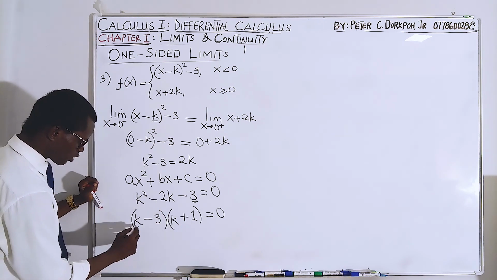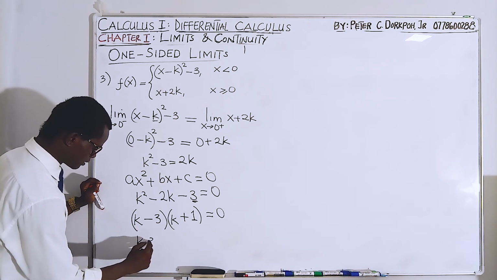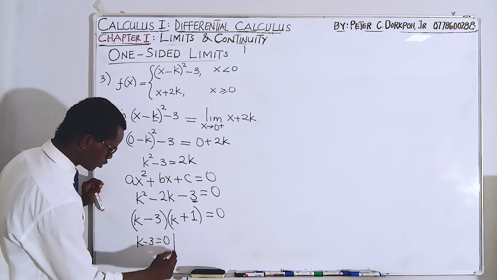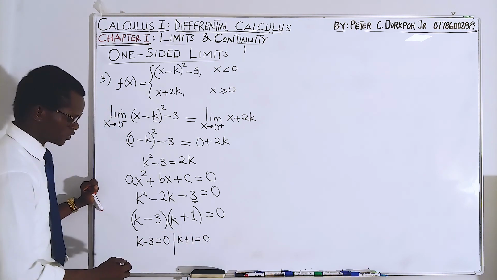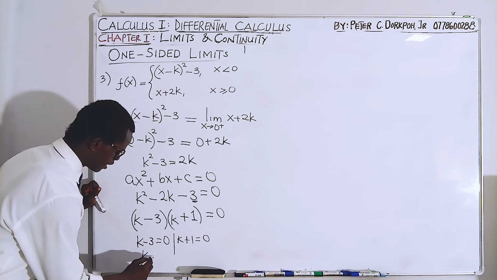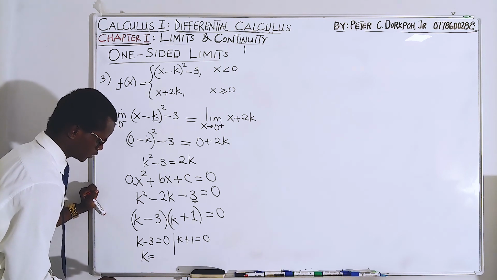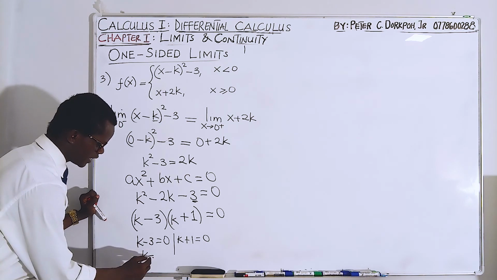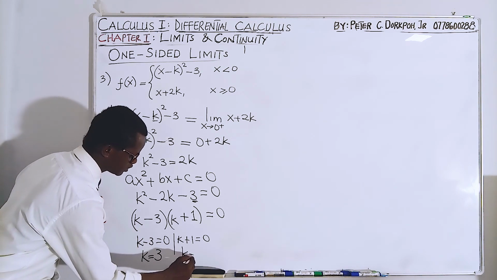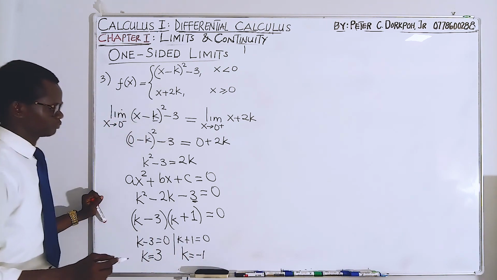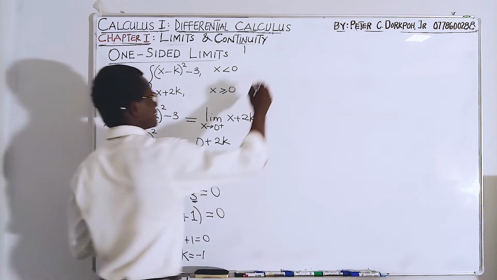Now at this point, we want to solve for k. We take each factor, k minus 3 equals 0 or k plus 1 equals 0, using the zero product property. So k is equal to positive 3, because we send this 3 across, and on this side k is equal to minus 1. So let's test.